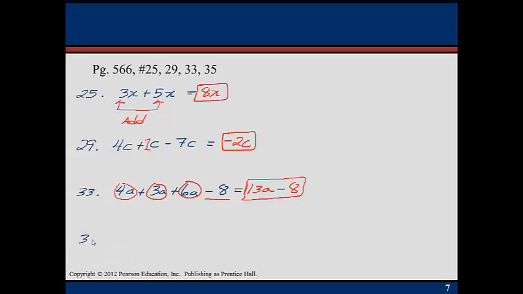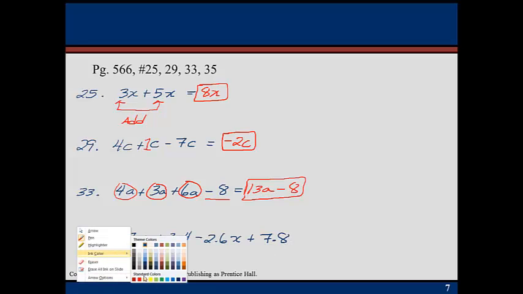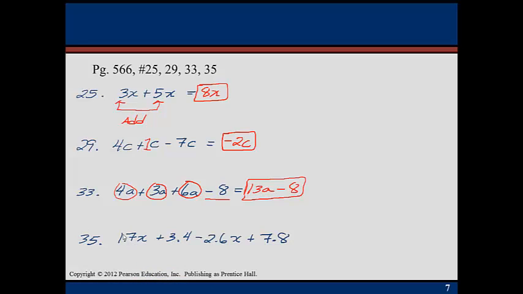And then number 35. We have 1.7x plus 3.4 minus 2.6x plus 7.8. So let's start with the x's. We have 1.7x minus 2.6x. Don't forget to take the sign along with you. These are like terms because both of them have an x.